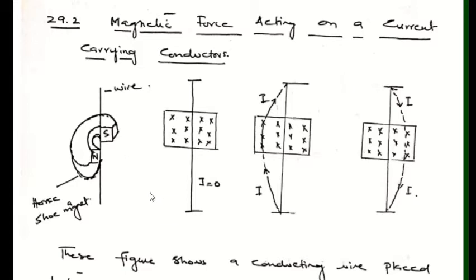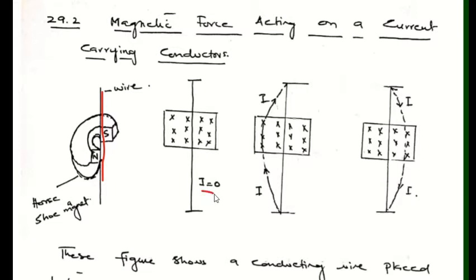From this figure you'll see that we have a conductor placed within a magnet, and because of this magnet we'll have a magnetic field. Here you can see that the magnetic field is within the plane of the paper, and this conductor is placed within the magnetic field.